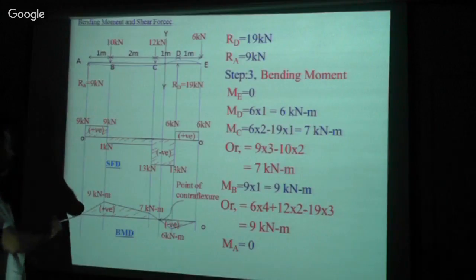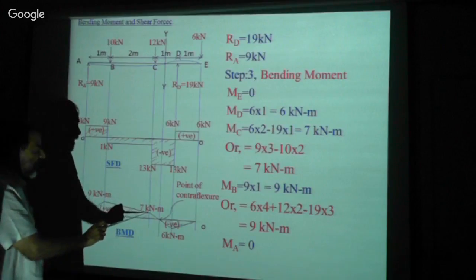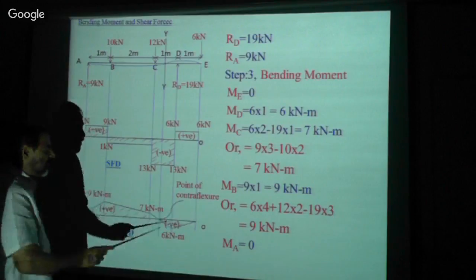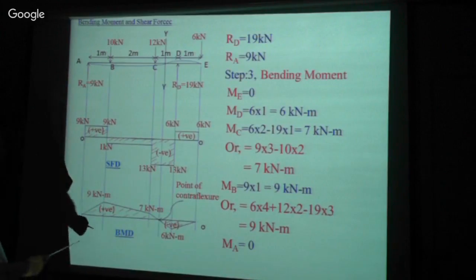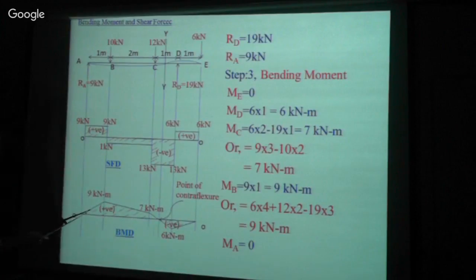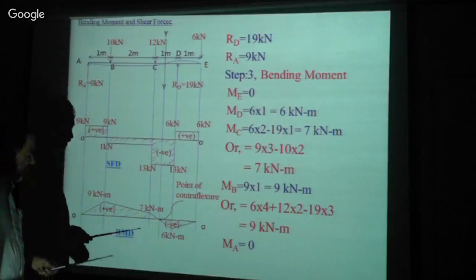Now, join all these points, from 0 to 9 kilonewton meter, and 9 kilonewton meter to 7 kilonewton meter, and from there to here, and from here to this 0. Now, that gives you the bending moment diagram. This is the shape of the bending moment diagram. This hatching is only to show the shape of the bending moment diagram.